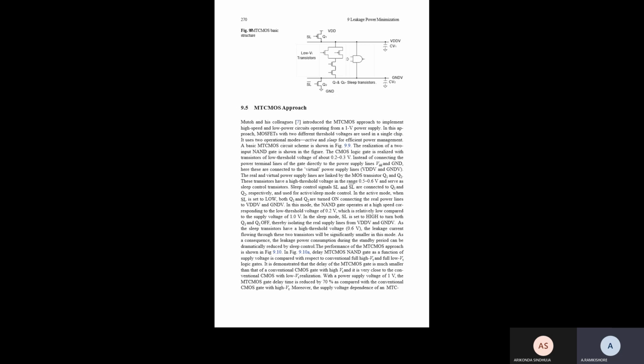In this approach, MOSFETs with two different threshold voltages are used in a single chip.